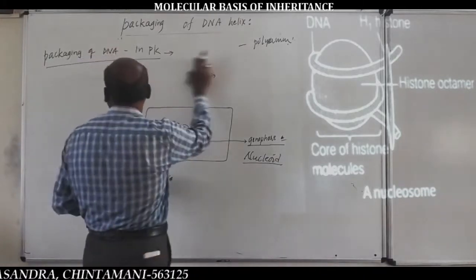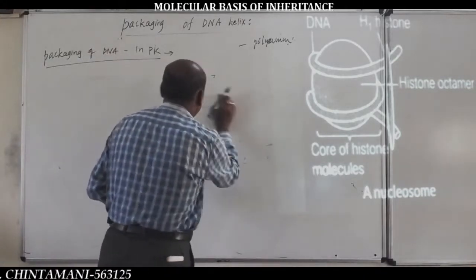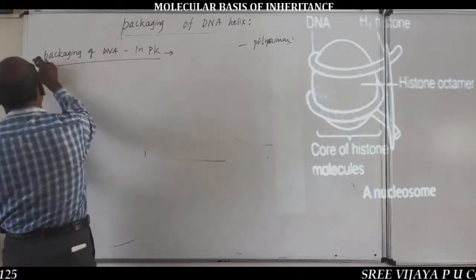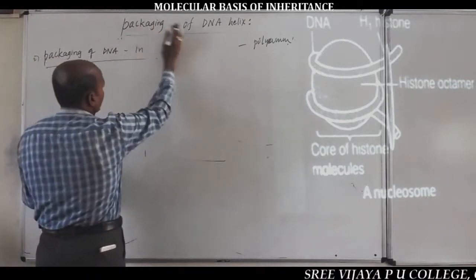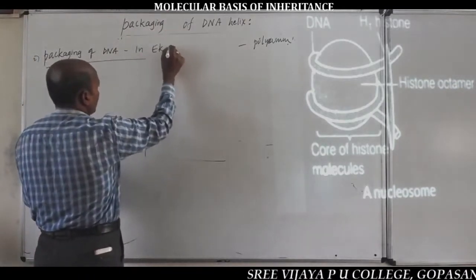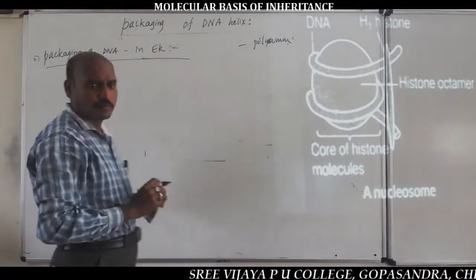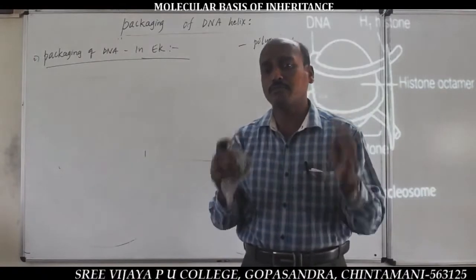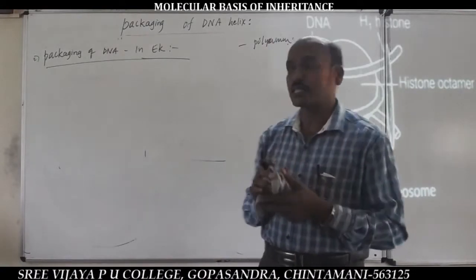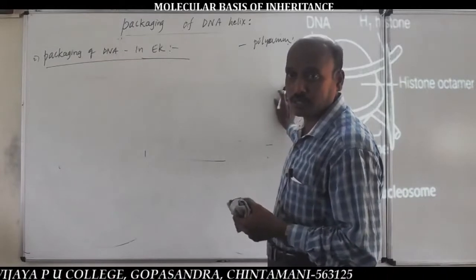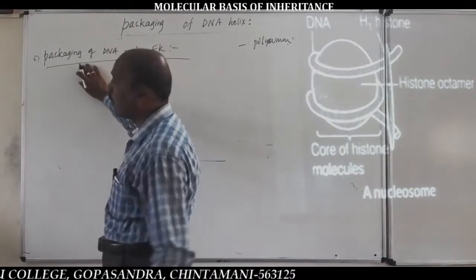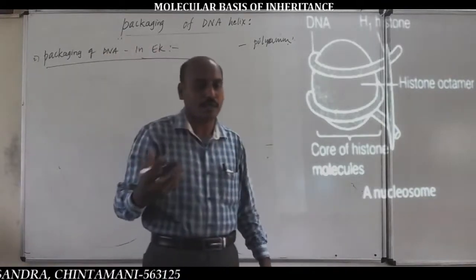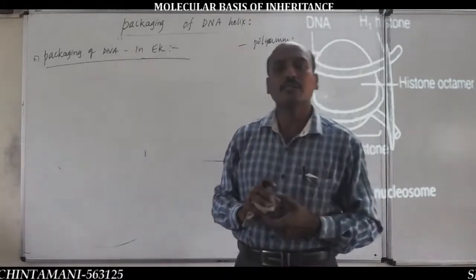Next to the packaging of the DNA helix in prokaryotes is the packaging of the DNA helix in eukaryotic cells. In eukaryotes, this is a very important, most important expected question for a 5 mark question, or sometimes only the diagram will be asked for 2 marks. So the topic is the packaging of the DNA helix in eukaryotes, in the eukaryotic cell, example, human cell.